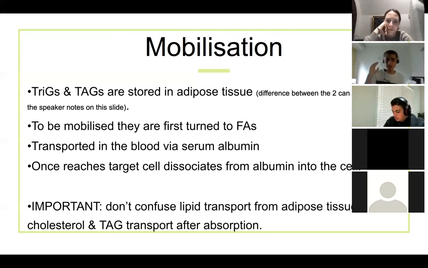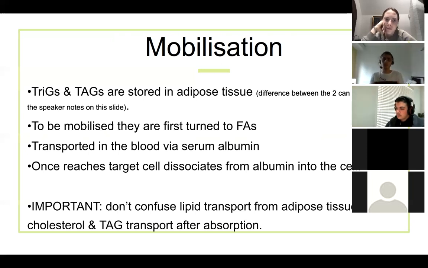So anyway, in terms of mobilization, we first turn these things into fatty acids because they're the components we want, and we transport them in the blood via serum albumin. So why don't we use all those other things? Well, those other transports, like the lipoproteins, are for when we haven't processed these things in the liver yet. They're still outside, and we're just going to get them to where they're needed.